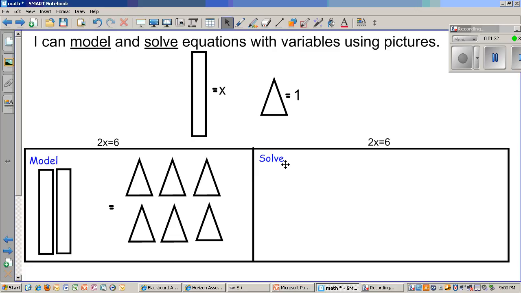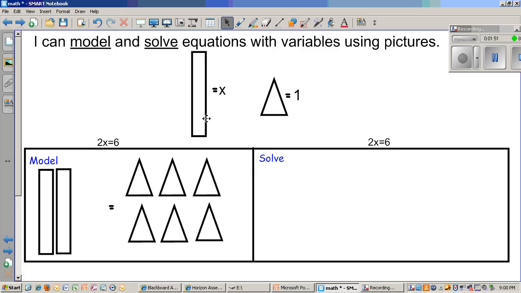Before we solve it, take a look. Does this side of our equal sign equal this side of our equal sign? No. We have 2 x's here, then we have 6 over here. Now ultimately we want to find out what x equals. But let's make these equal first.